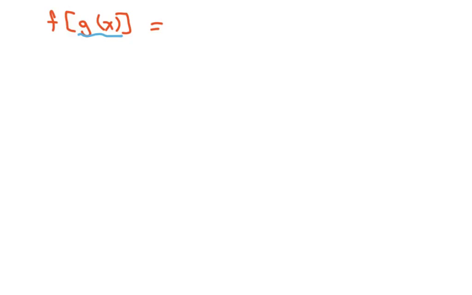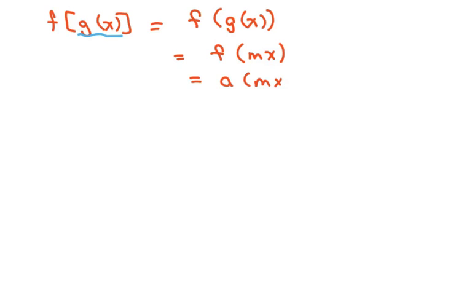So we have f of g of x, which equals f of mx, which equals a times mx plus b over c times mx plus d.